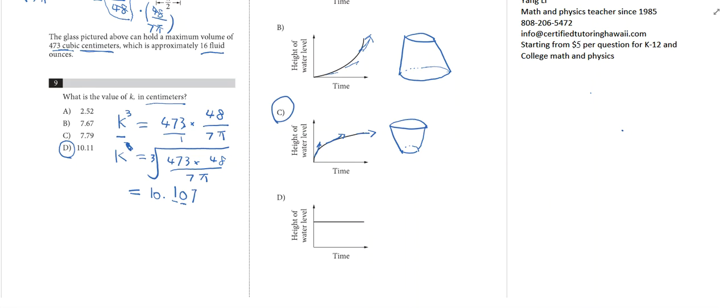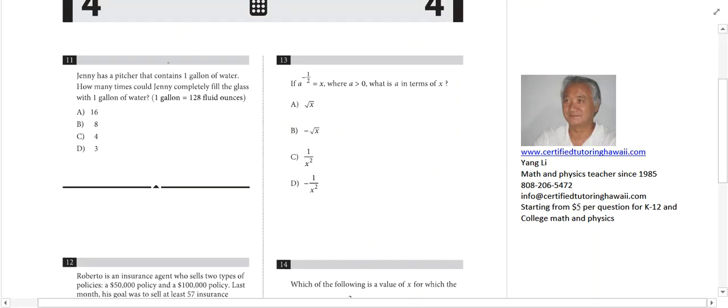All right? Okay, let's work on number 11 now. On this one, the assumption is that 1 glass equals 16 fluid ounces. Okay, that's the assumption. This question doesn't give you this, but you have to assume it.